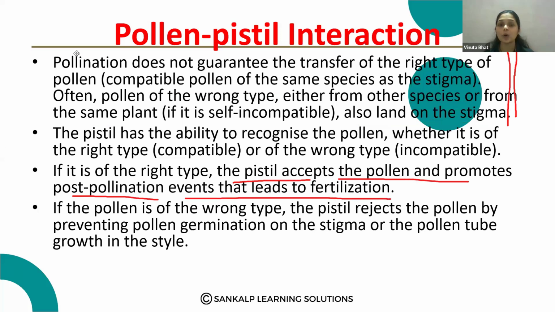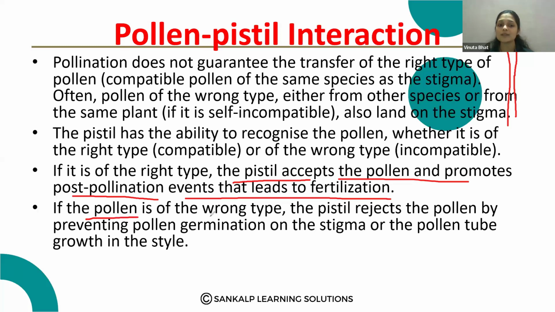So pollen pistil interaction means when the right type of pollen grain lands on this stigma, then further things take place: fertilization, then post fertilization events. If a different type of pollen grain comes, nothing happens; the stigma does not give permission to germinate on it. That is called the pollen pistil interaction.